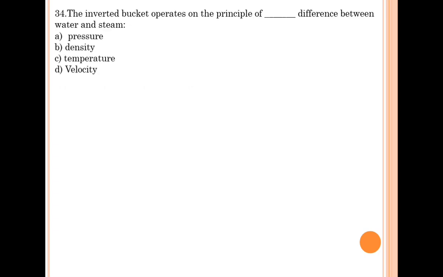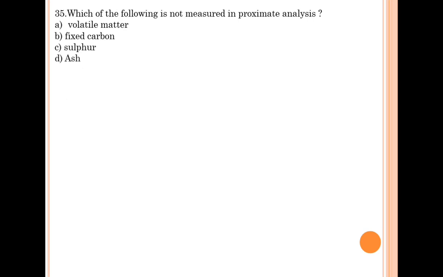Question number 34. The inverted bucket operates on the principle of density difference between water and steam. Inverted bucket type is a mechanical type trap, and we have already discussed it is working on the principle of density difference. So answer B. Answer is B. Question number 35.